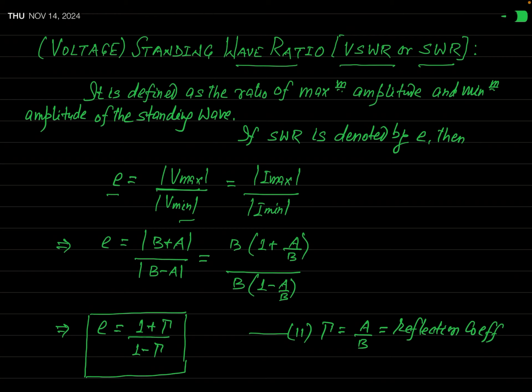Or in terms of current, you may also define it, that is e equal to mod of I max divided by mod of I minimum.